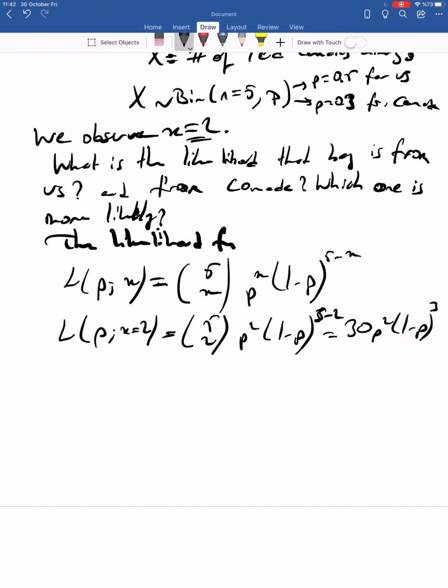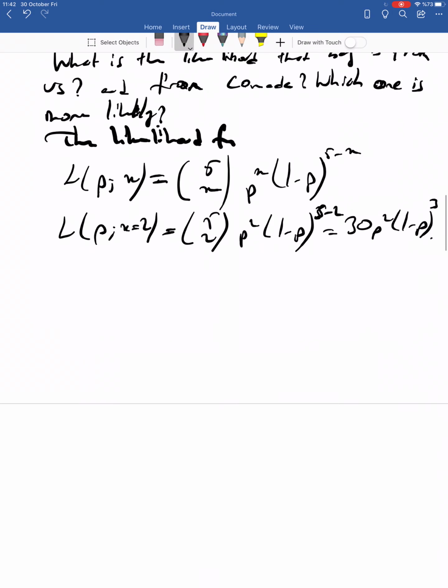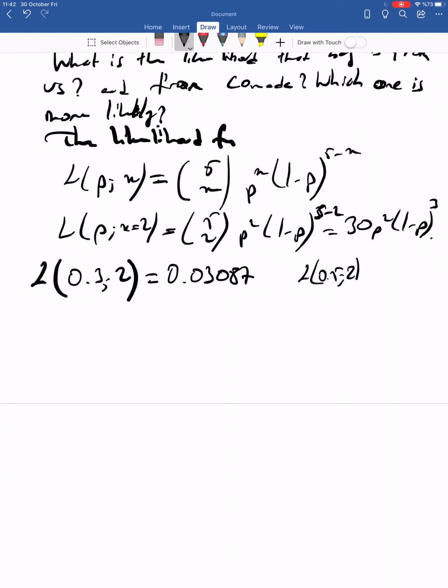Let's calculate this for Canada and for the United States. For Canada, p is 0.3 given 2, and when we calculate it we get 0.03078.